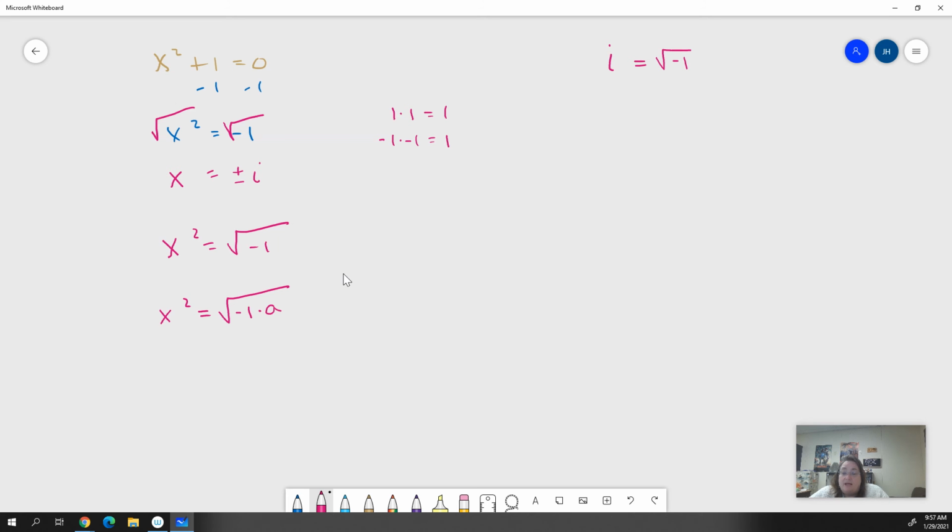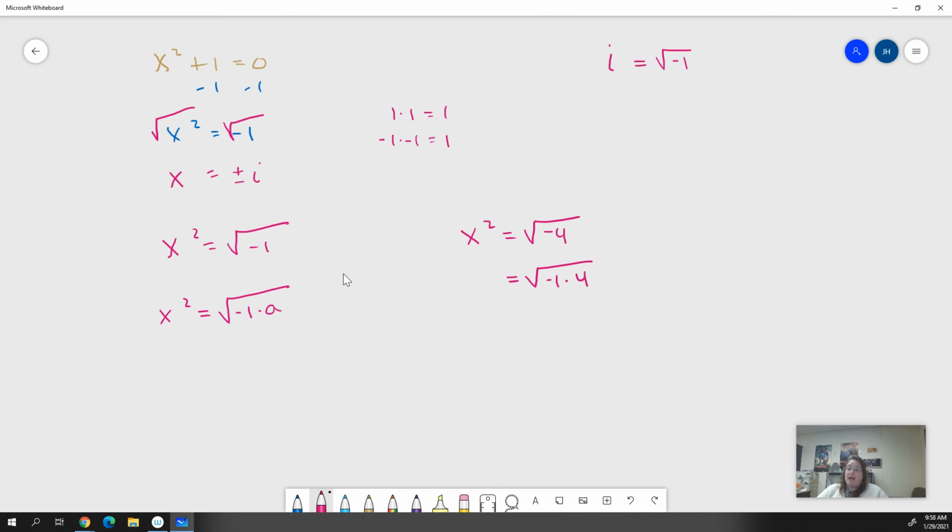Whatever that a is, kind of how we're looking at it. So we could pull this out, and then all we're left with is that other number. So say it was x squared equals -4, we would look at it as -1 times 4, and we could pull this out.